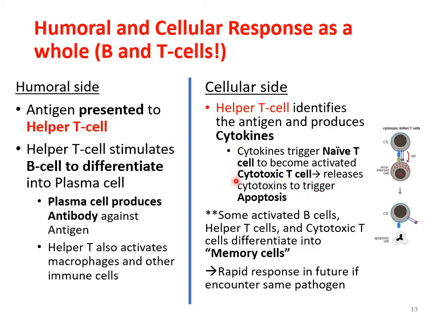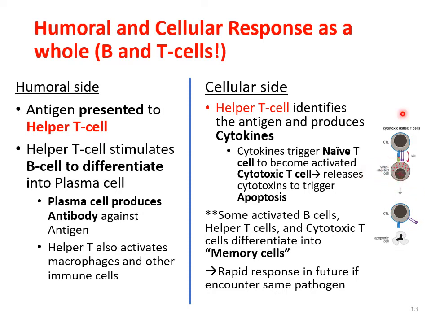And I want you to underline cyto and then circle toxic, because cyto means cell, and toxic, as you know, means something that's harmful or will kill. So the cytotoxic T cells will release toxins that trigger apoptosis. And apoptosis is important when you're infected because it will help in the destruction of viral infected cells.